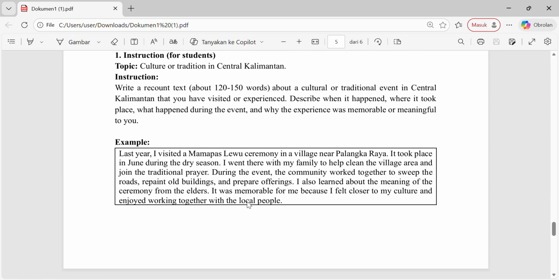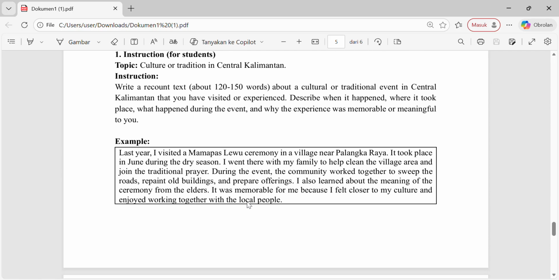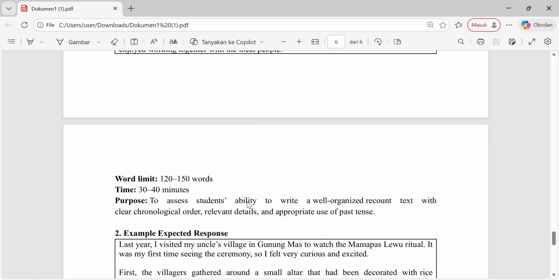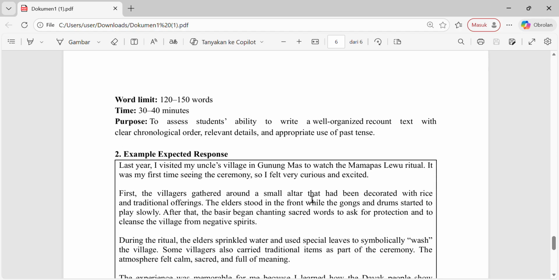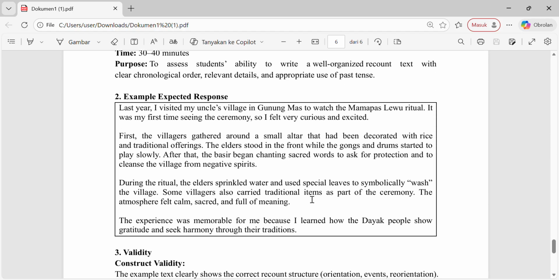And here is the example that will be shown to students when explaining the recount in class, with the purpose to assess students' ability to write a well-organized recount with a clear chronological order, relevant detail, and appropriate use of past tense. And here is the example expected response.